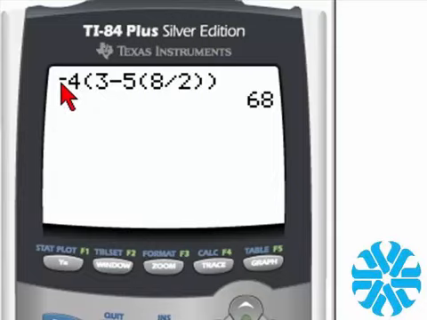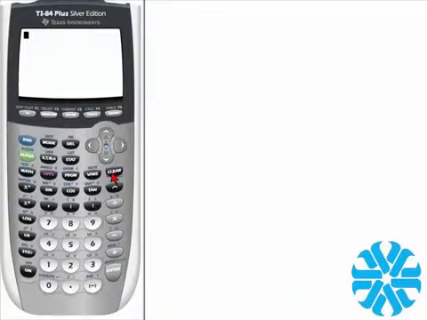And then we have -4 times -17, which gives us a positive 68. Always remember that the calculator will use the rules for order of operations. So let's go ahead and clear the screen and go to example number 2.